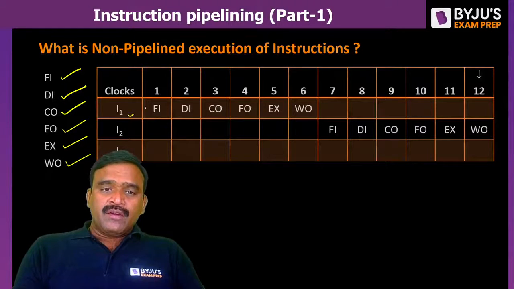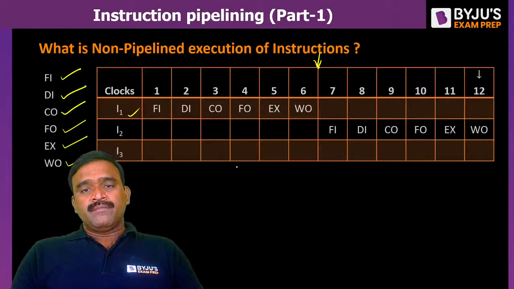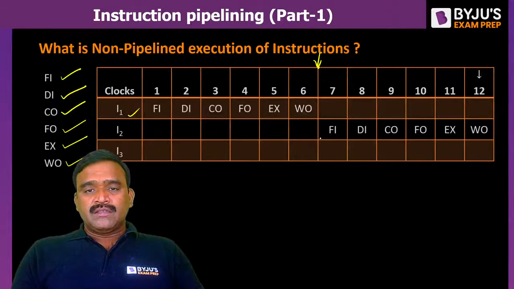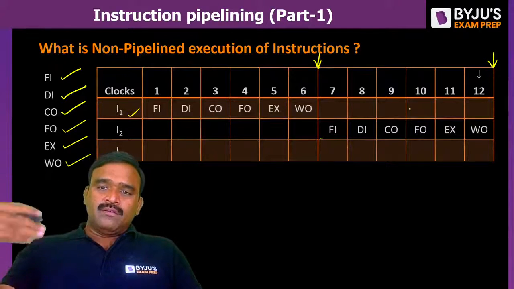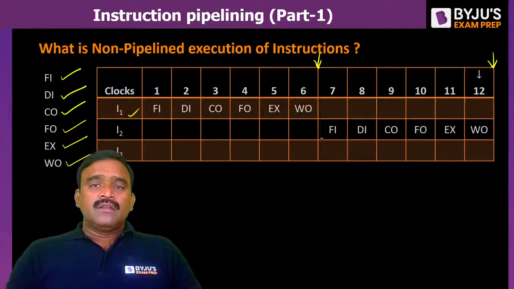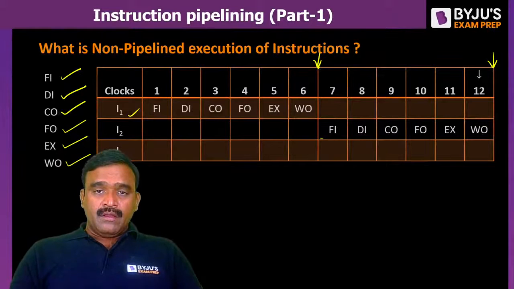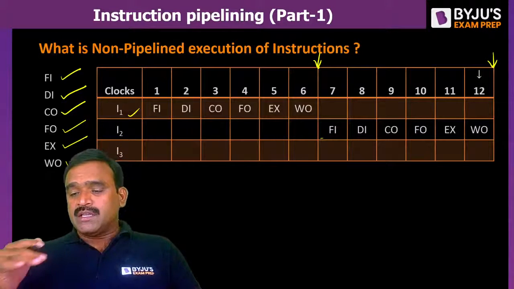So for instruction I1, first all the 6 stages are done. Then we start instruction 2, and at the 12th cycle the second instruction is done, and similarly at the 18th cycle the third instruction will finish. Like that every instruction takes 6 cycles, if you assume one stage takes 1 cycle.